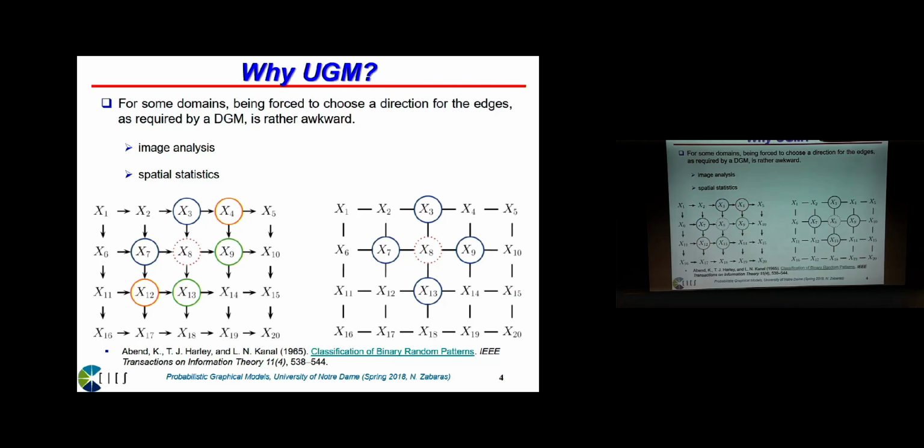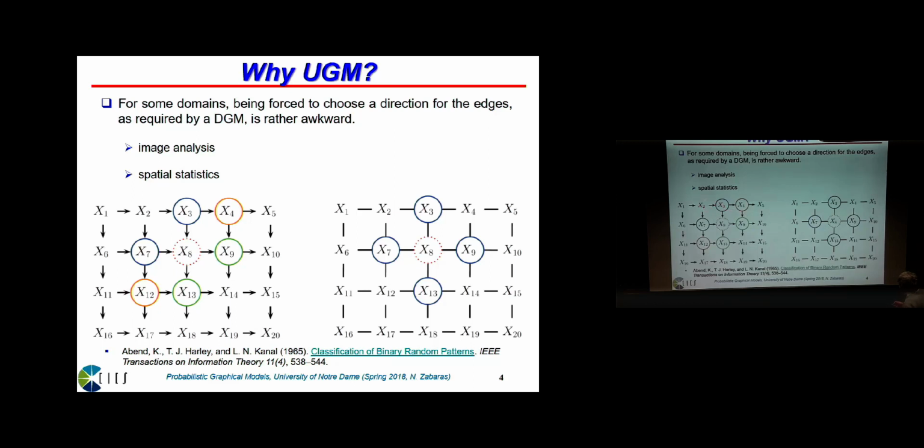The Markov blanket here includes the parents, includes the children, and what are X12 and X4? The co-parents, okay? X2 obviously is not included, right?